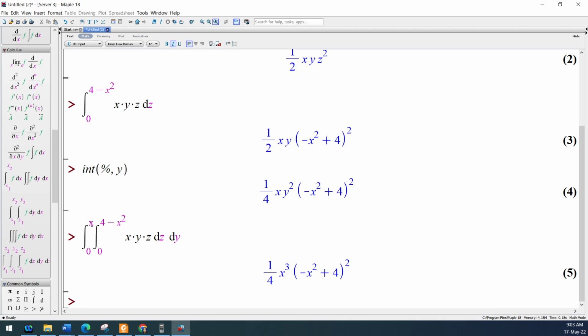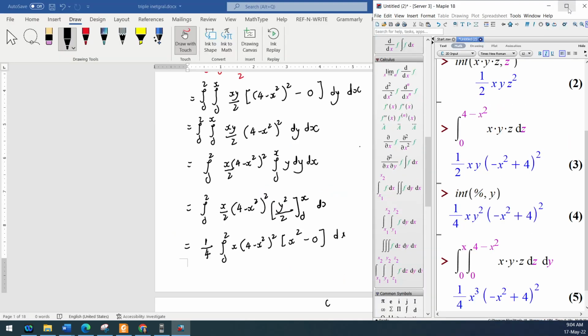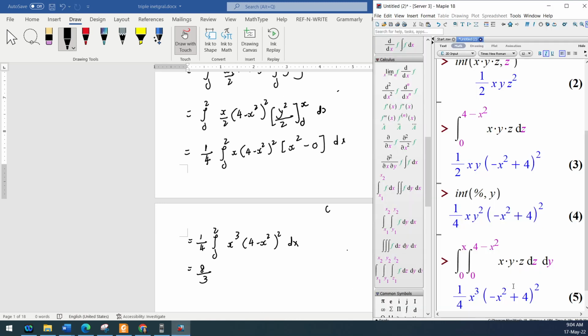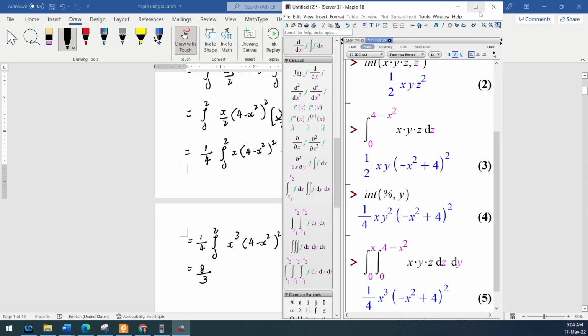After plugging in the limit y from 0 to x, you should get 1 over 4 x cubed, 4 minus x squared over 2. So 1 over 4 x cubed, 4 minus x squared over 2.